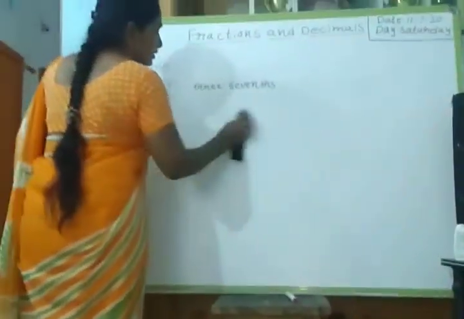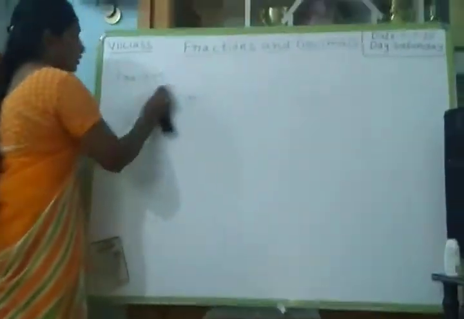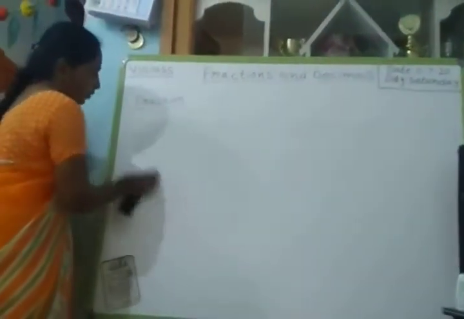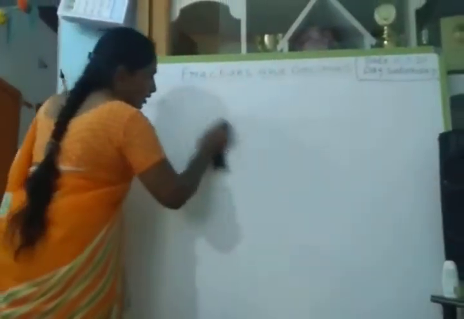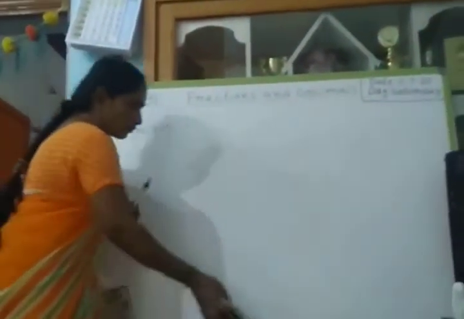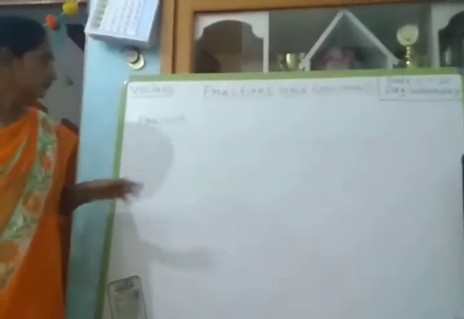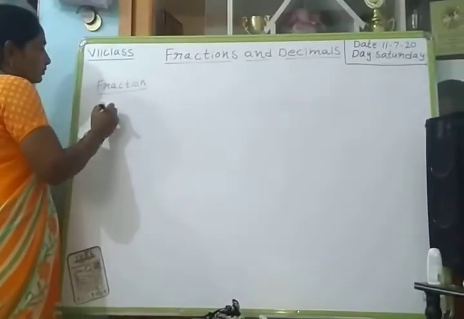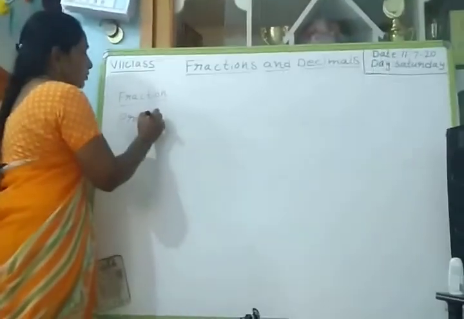Yesterday we discussed some types of fractions. What are they? Proper fractions, improper fractions, mixed fractions, like fractions, unlike fractions, and unit fractions. Let us discuss proper fractions first.